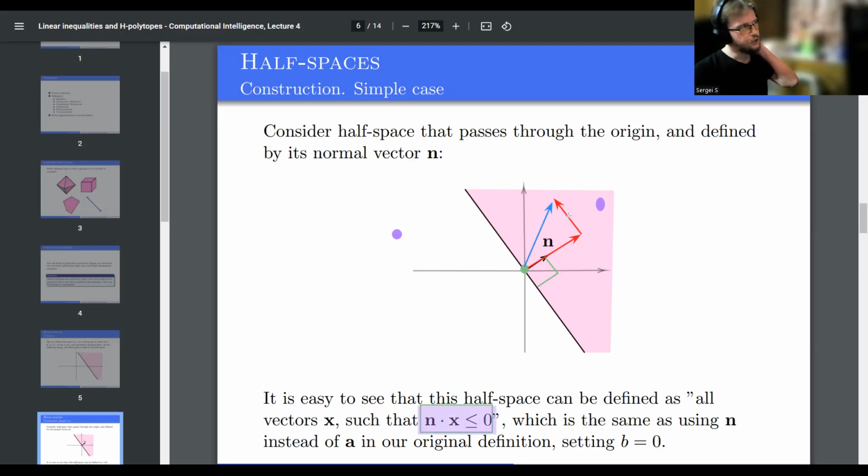So this is how we can define the half space, and that is why what we need to do is to just say A is equal to n, and B is equal to 0 to define this half space. So if we want A transpose x less than or equal to B to be the definition of this half space, A will be equal to n, B equal to 0. That is how we do it.